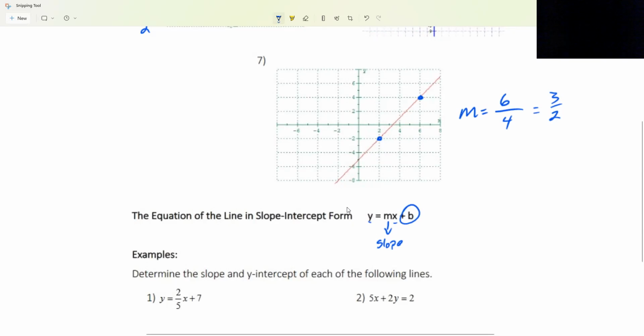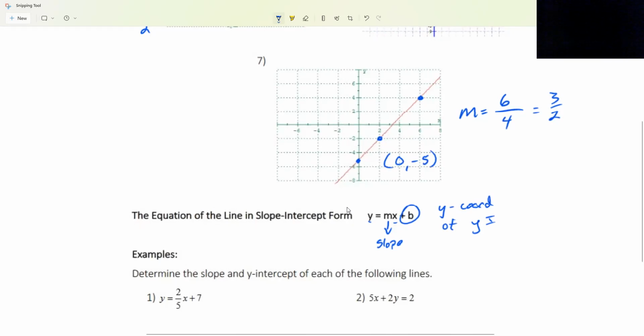B is the Y coordinate of the Y intercept. So this is the Y intercept, right? The coordinates for that point are going to be 0, -5.